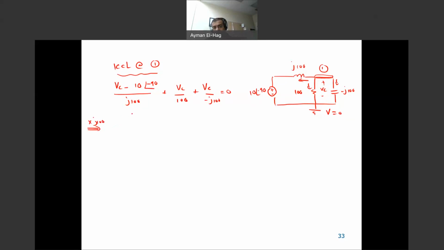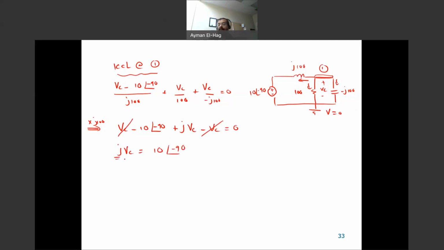So j100 times this becomes VC - 10∠-90° plus j100 divided by 100, so this becomes jVC. And then this will cancel, I have -VC equal to 0. So this will cancel with this, and we'll have jVC equal to 10∠-90°.